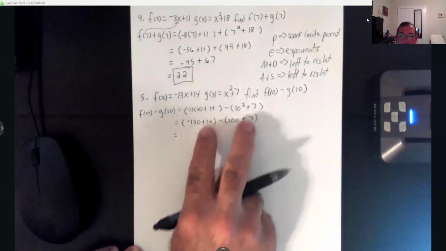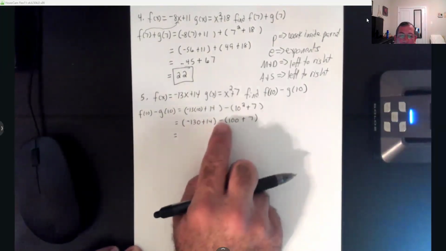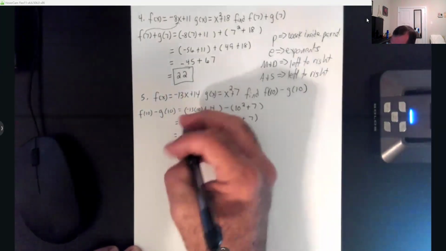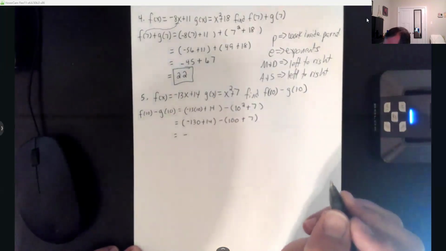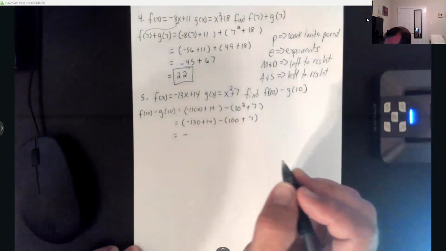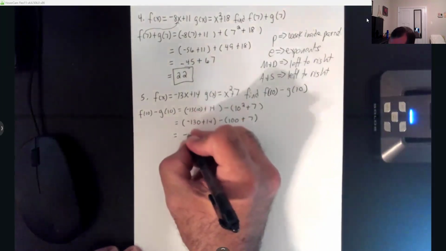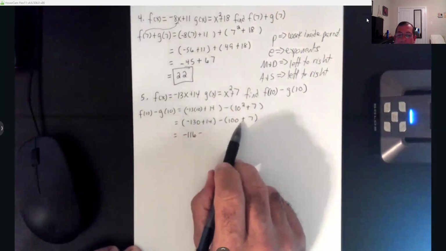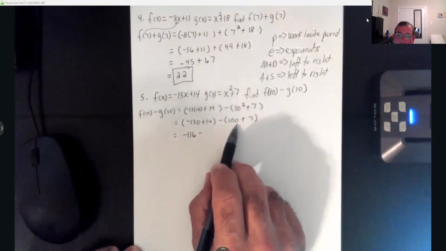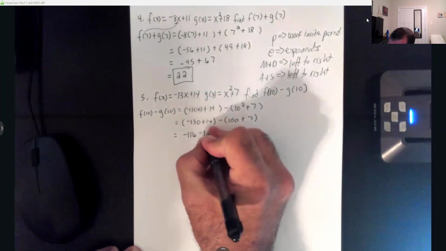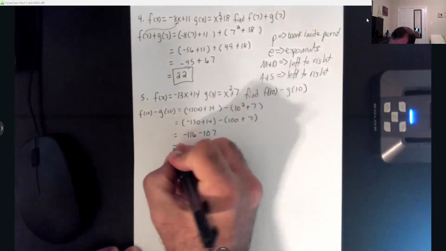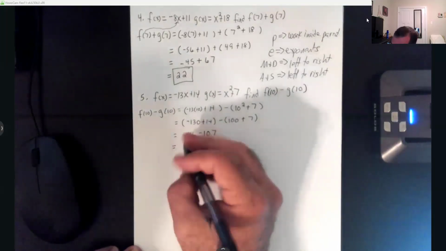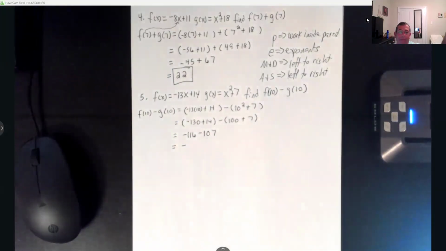And y'all, I've still got one more step I'm going to do in between these before I do my subtraction. So let's see, a negative 130 and 14 is a negative something. Maybe negative 116? That's going to be minus the second parentheses. Well, that's 107? So a negative 116 minus 107 is a negative big number.